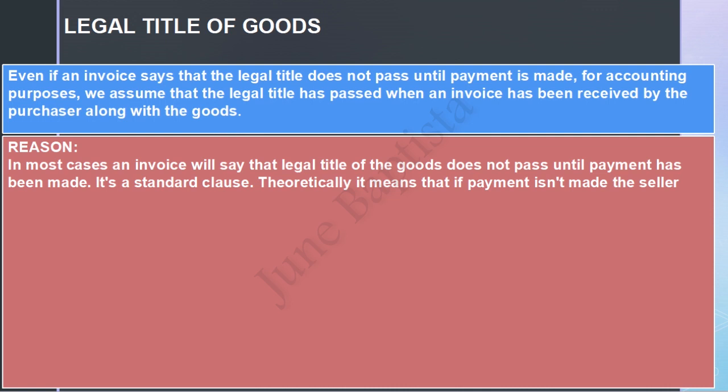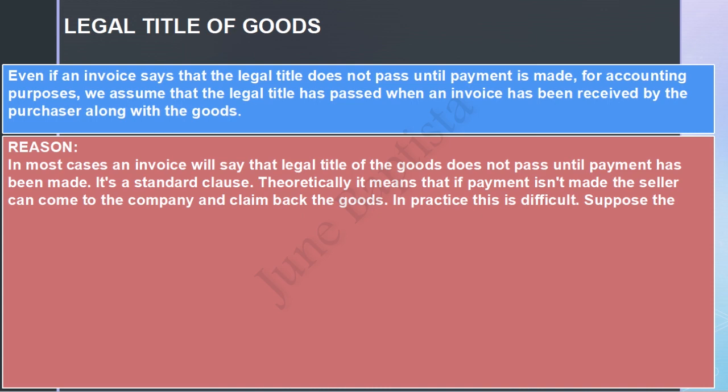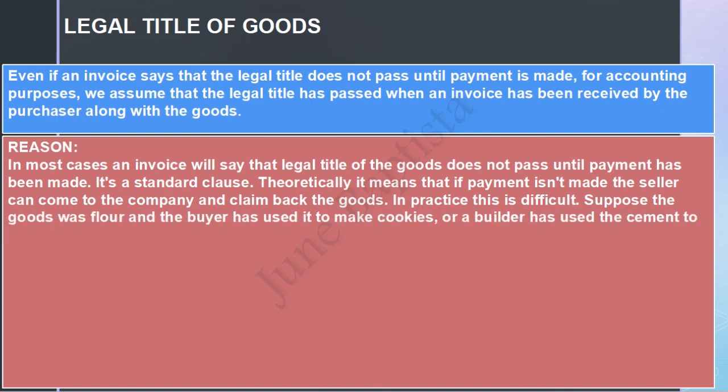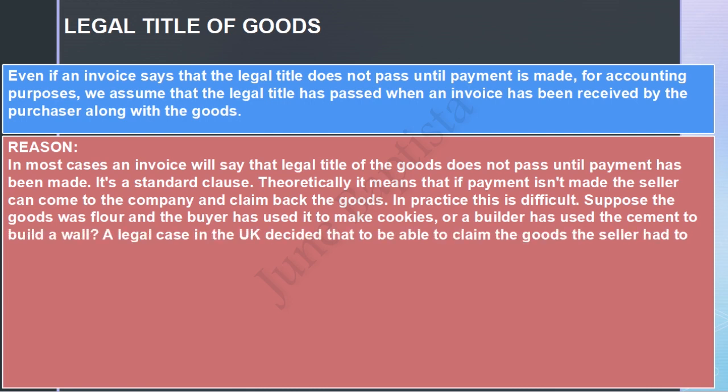Theoretically, it means that if payment isn't made, the seller can come to the company and claim back the goods. In practice, this is difficult. Suppose the goods was flour and the buyer has used it to make cookies, or a builder has used cement that he purchased to build a wall.